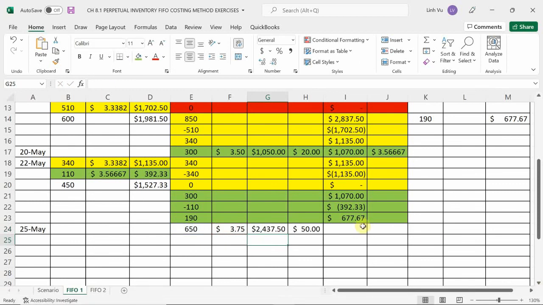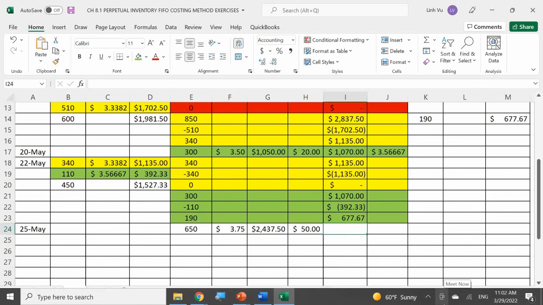$2,437.50. Plus 50 is going to give me my total cost of $2,487.50, giving me my cost per item to be $3.826923.